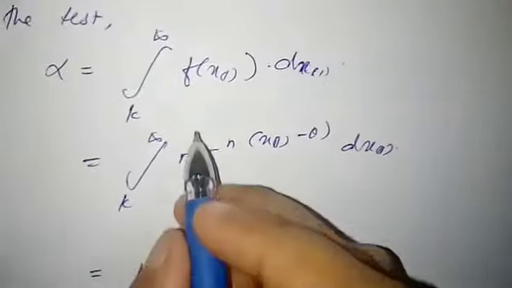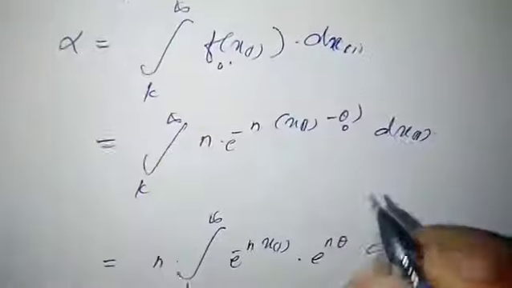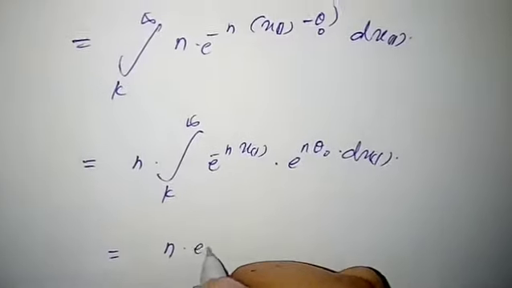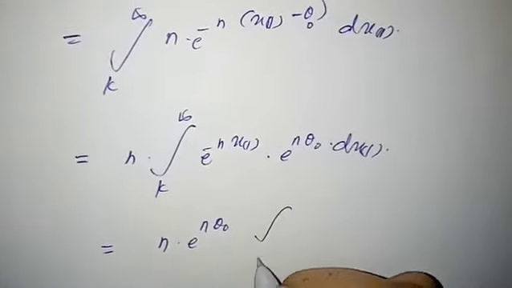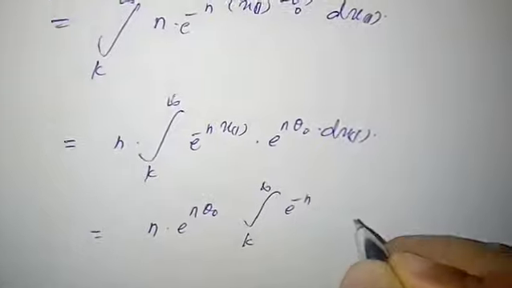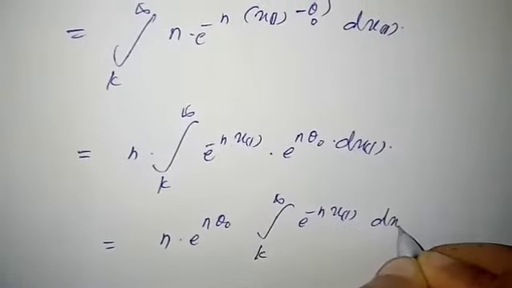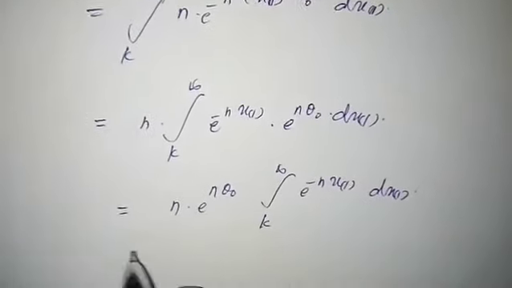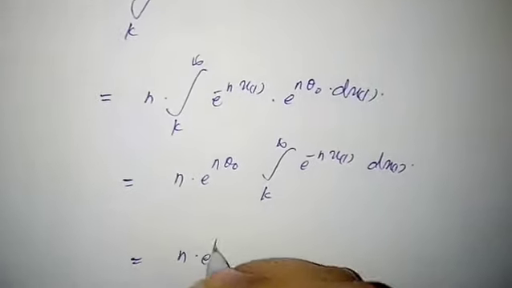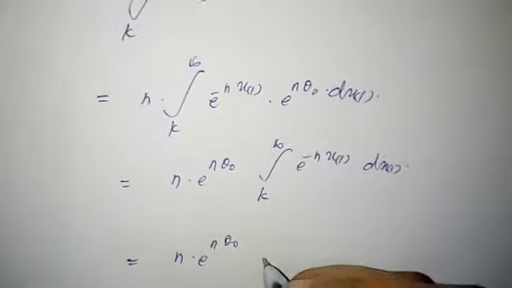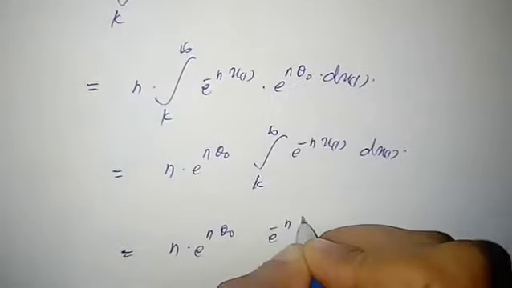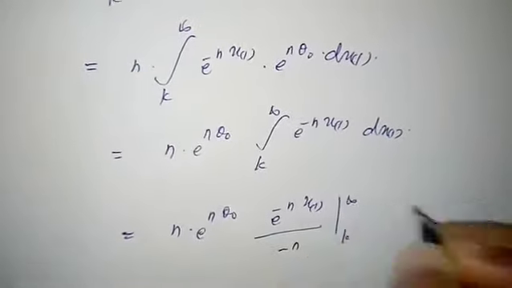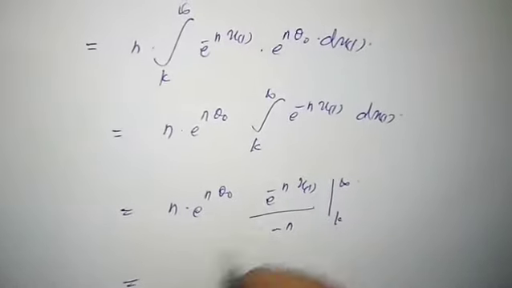Under H0, that is theta naught, we write the constant term outside: n into e power n theta naught, integral over k to infinity of e power minus n x1 dx1. Then integrate: the integral of e power minus n x1 is e power minus n x1 divided by minus n, from k to infinity.